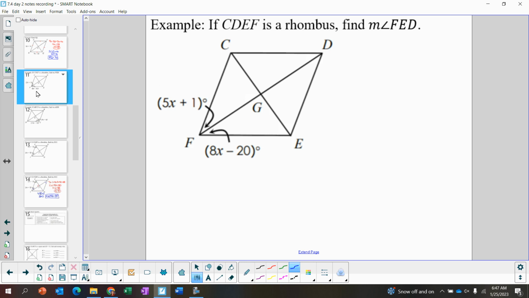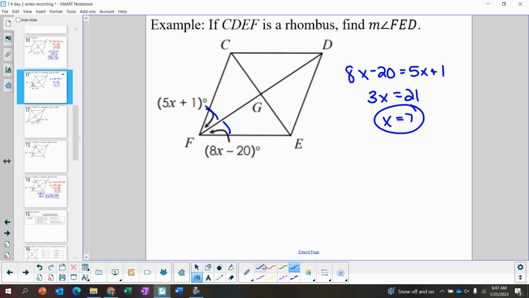All right, so again, we have angles and angles, sides by sides, and these angles are equal to each other. Subtract 5x and 3, we divide, and we get x is 7. We're looking for angle FED, this whole angle here.